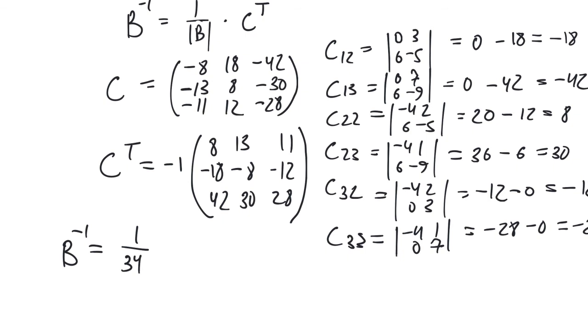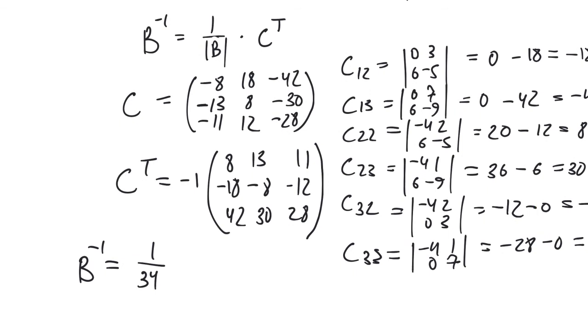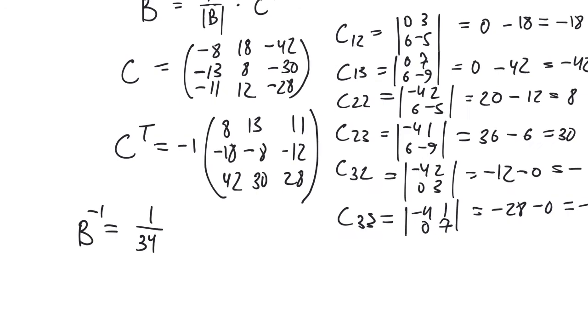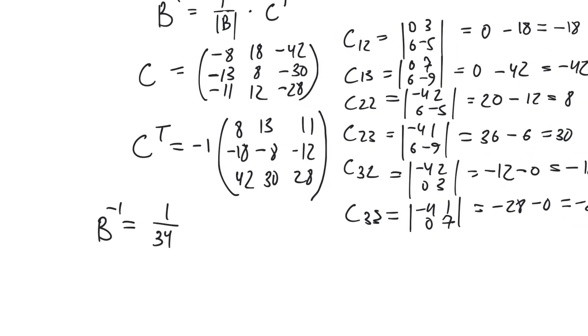It's going to introduce just a few numbers that don't look that pretty, but I think the sacrifice is worth it. So let's do that. And if we factor out 2, it's going to be 1 over 17. And so the remaining coefficient matrix looks like this.